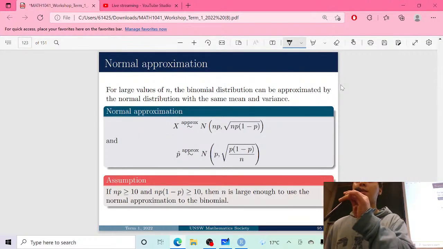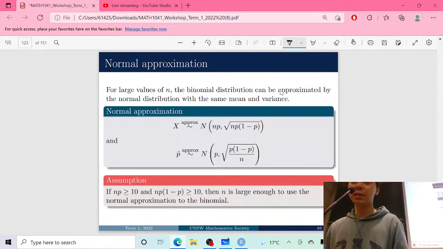All right. So the good thing about a binomial distribution is that, if we sample a large enough number, we can approximate it using a normal distribution. And it turns out that the normal distribution will have the same mean and the same variance.